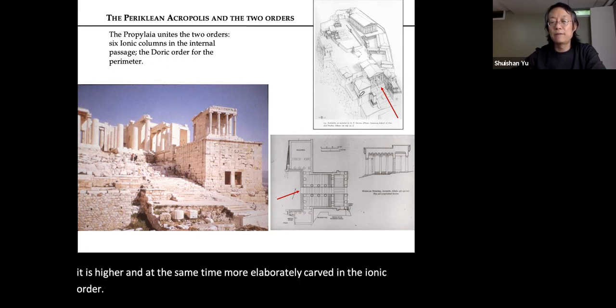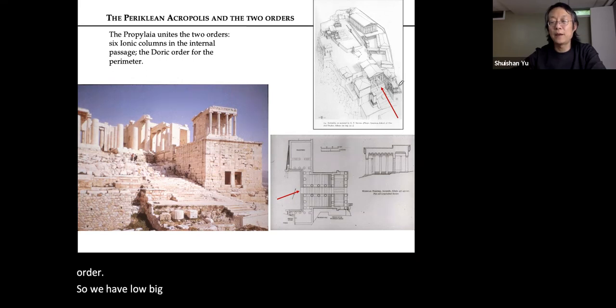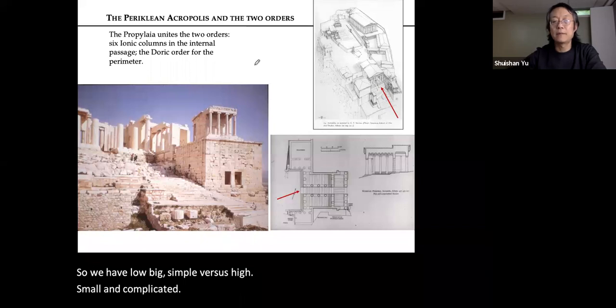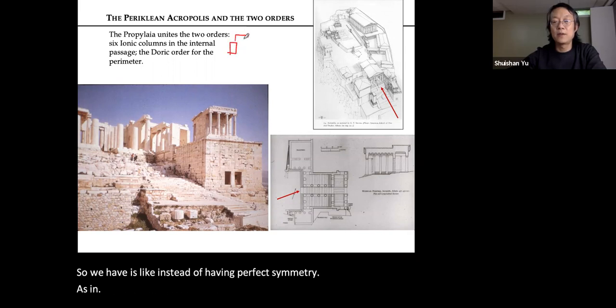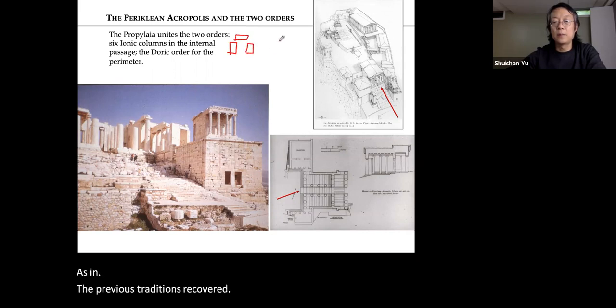So we have low, big, simple versus high, small, and complicated. Instead of having perfect symmetry as in the previous traditions we covered, here it created a balance.